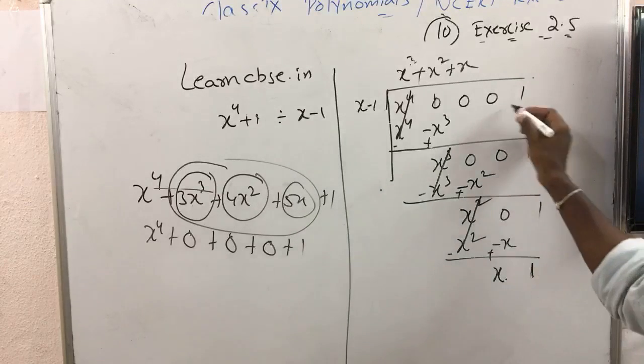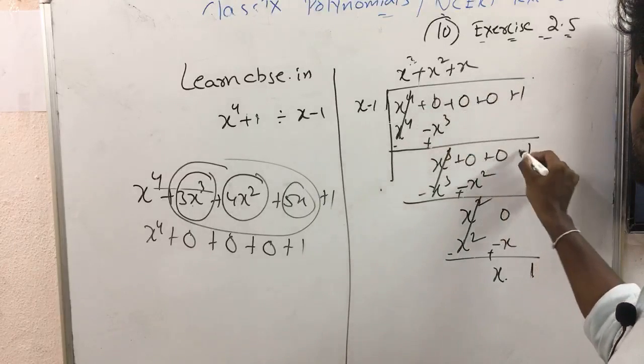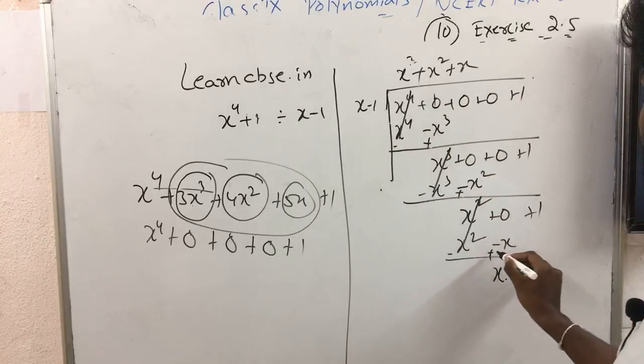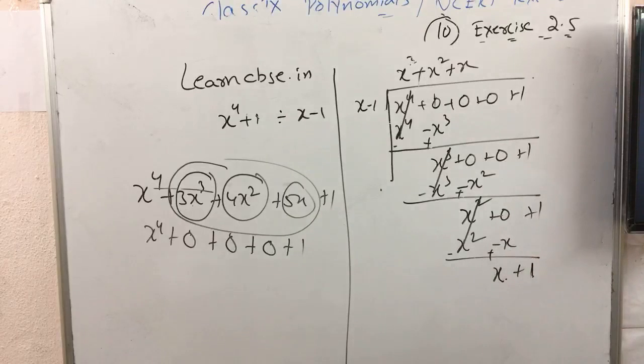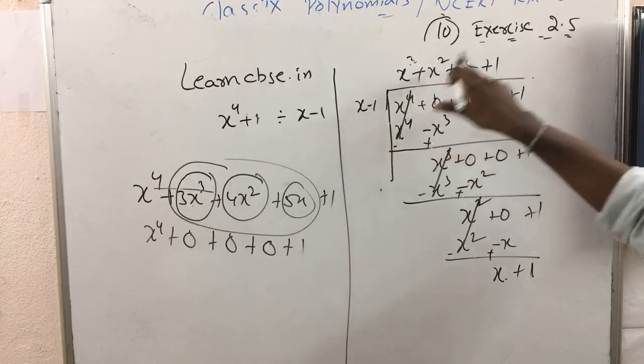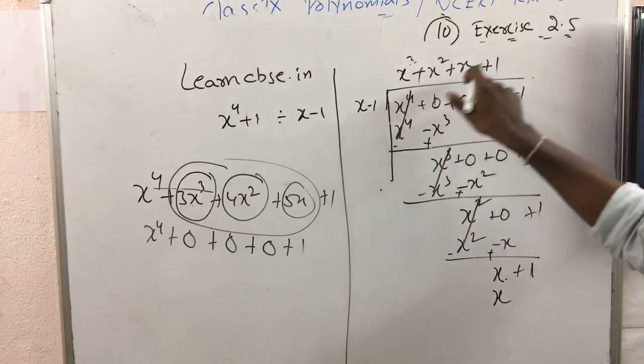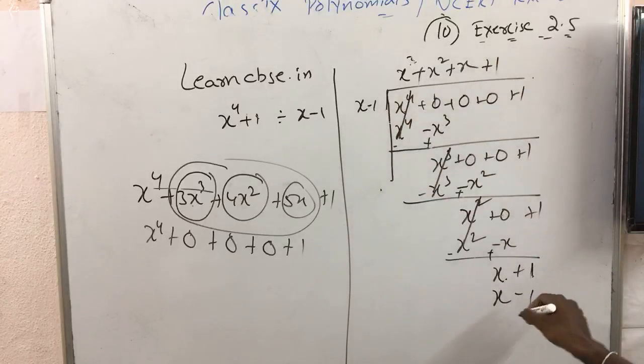So you can write plus, then you can understand. x plus 1. Now x into plus 1, you will get x, minus 1 into plus 1, you will get minus 1.